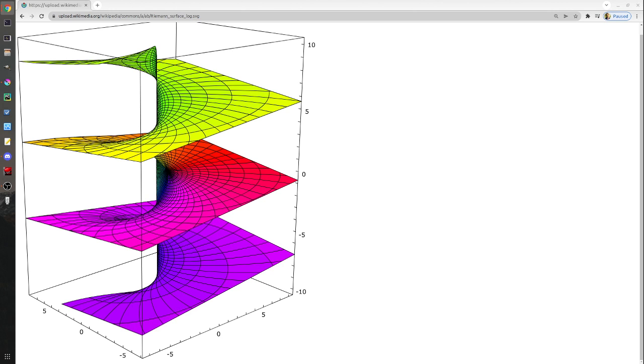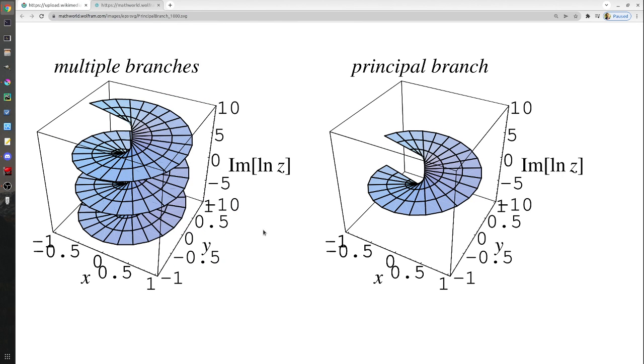I've got a good little picture here. There we are. So yeah, this is the same kind of picture, multiple branches, and we'll just grab one branch. That is, if we cut, we don't want to overlap. If you're looking straight down on it, you don't want to miss or cover something more than once, right?